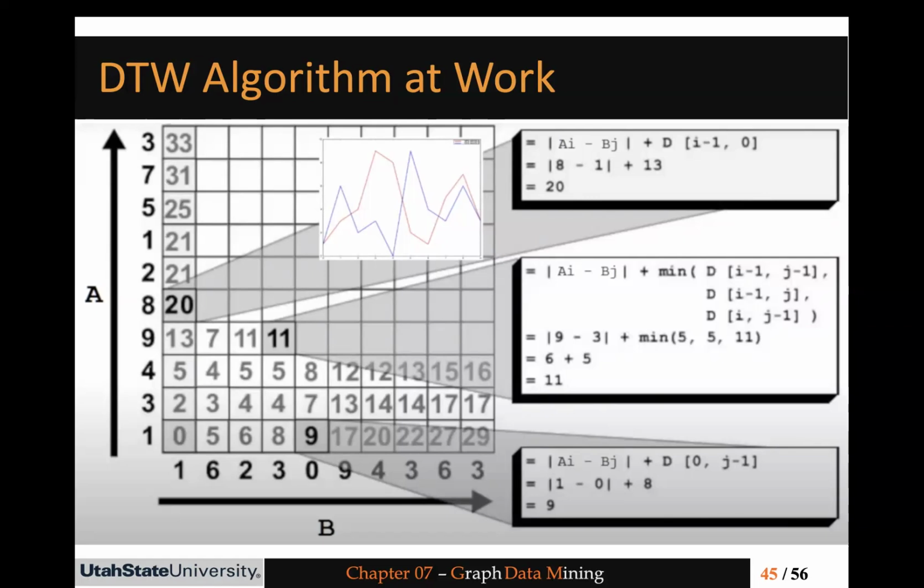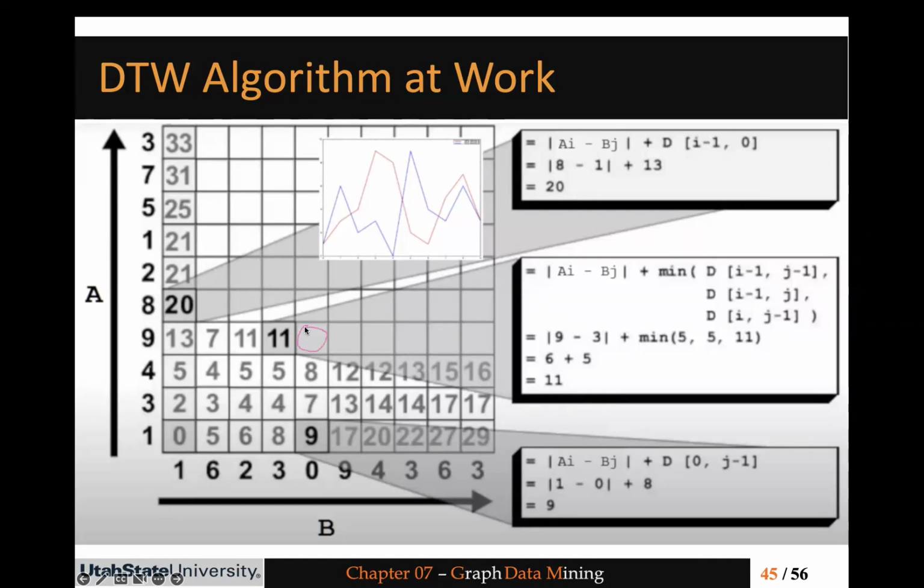So we are on the third case, where in order to find the value in every single cell of this warping matrix, we simply need to find the minimum value which could have led us to this particular cell, plus the distance, which in this example is the L1 norm, nothing but the absolute value of the difference between the two magnitude values of the time series A and B at that particular index. Let's try to do that with an example here on the slide.